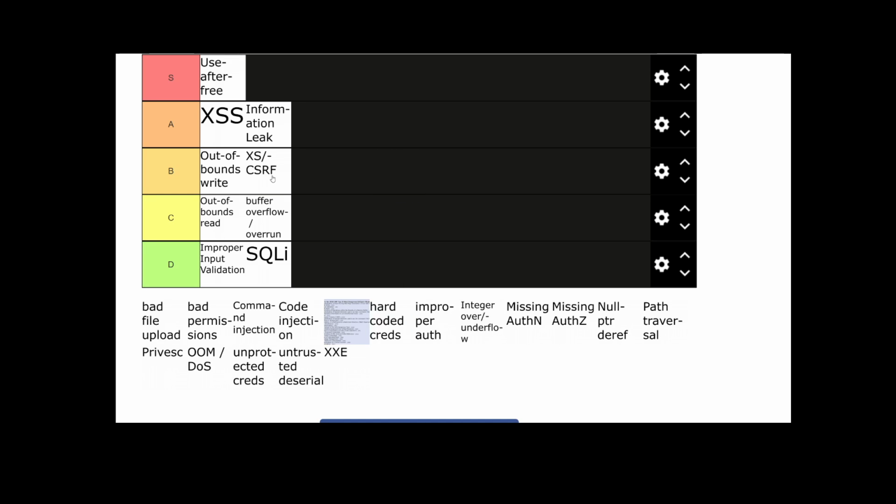I think CSRF is a sad sort of result of the way that the web was originally designed, the somewhat utopian vision of any website can call any other website.